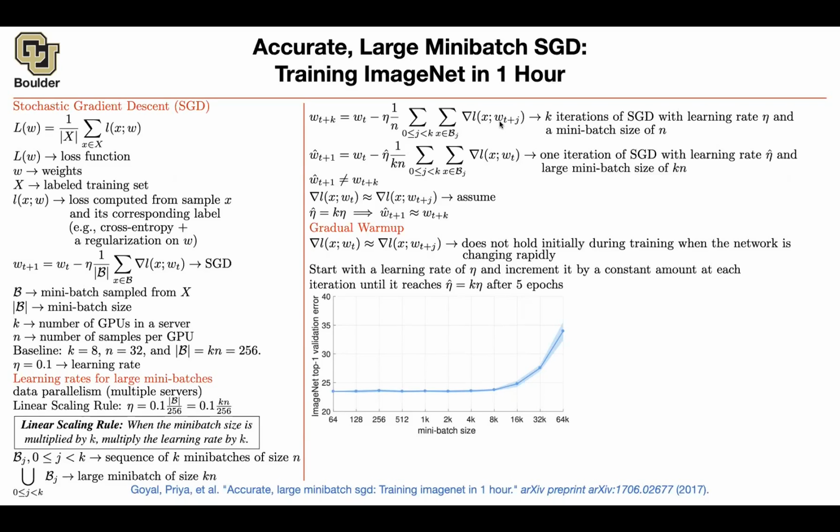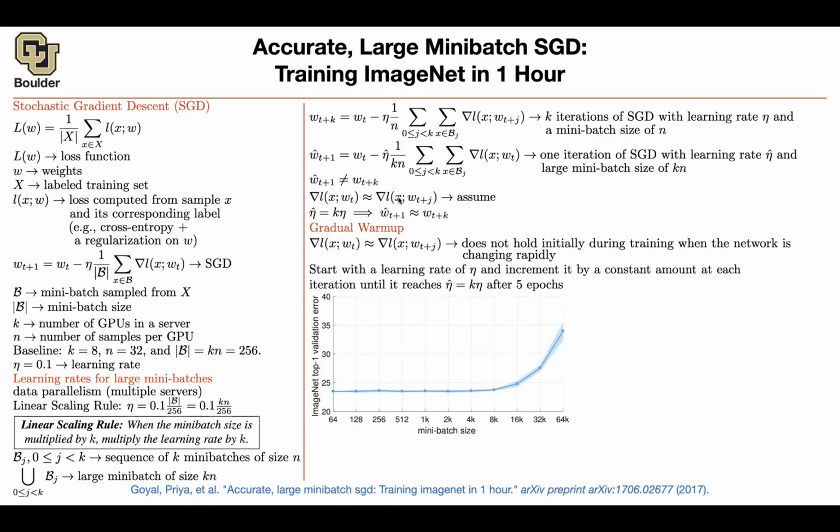At time t plus 1, you have WT plus 1. These are close to each other because the learning rate is small anyways. It means that as soon as you write down your Taylor expansion here, ignore the higher order terms because WT plus 1 was close to WT. The gradients are going to be close to each other as well. So that's a good assumption.